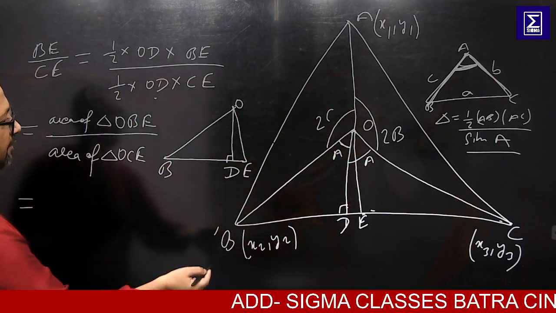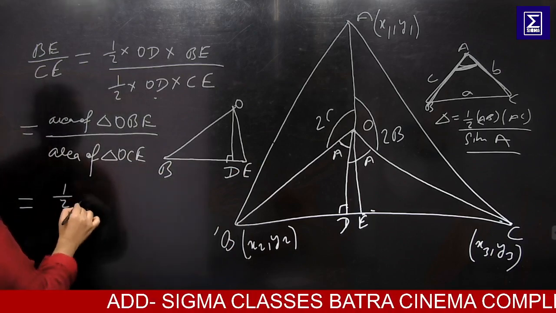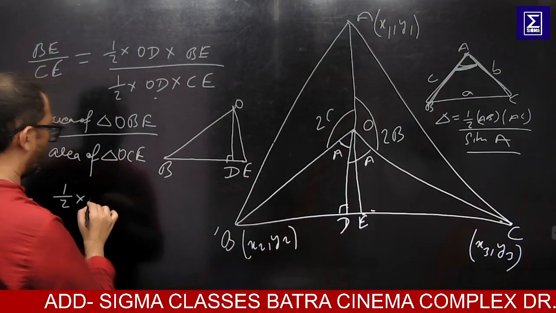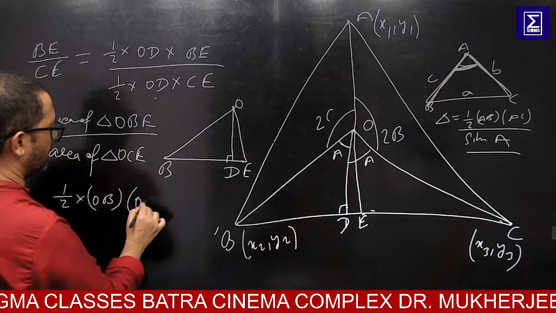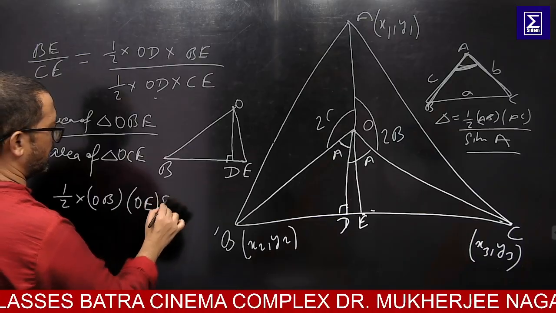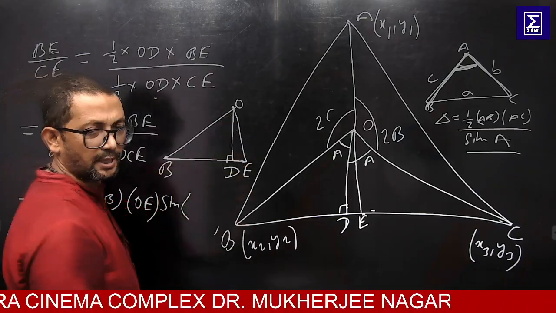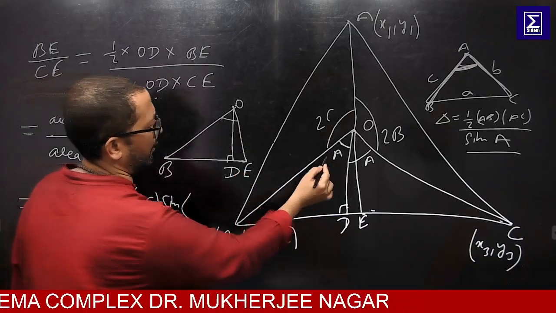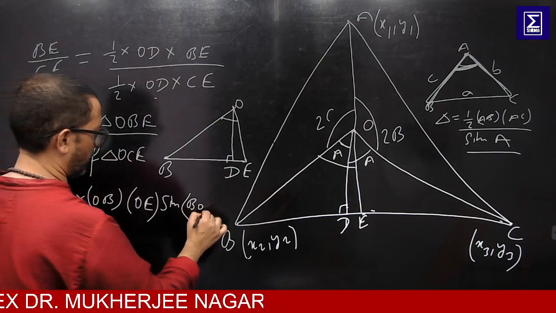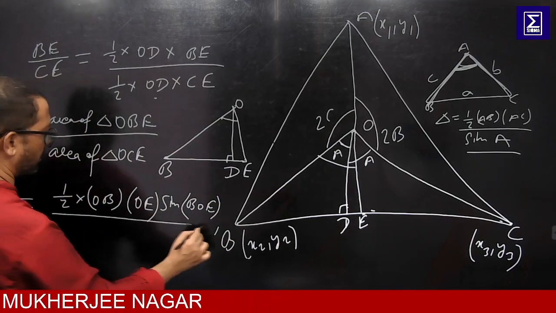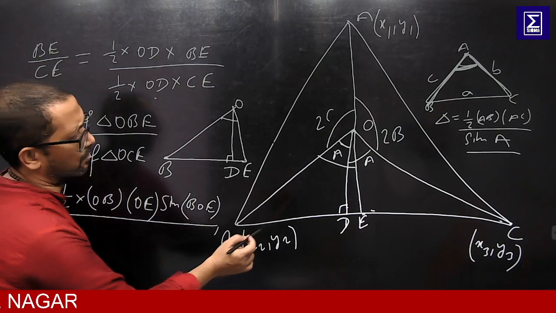So the same thing we can apply in this triangle. Half times OB times OE times sine of angle BOE, and upon half times OC times OE times sine of angle COE.